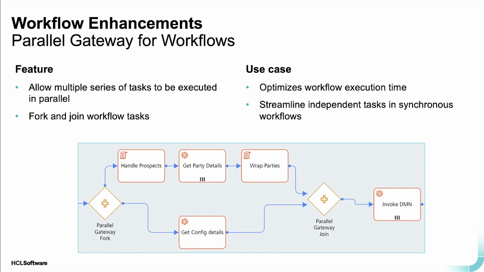Now what this parallel gateway helps is it optimizes workflow execution time, especially if you're having multiple tasks that could be done in parallel that do not have a dependency, right? And you can streamline the independent tasks still in the synchronous portions of it where it is happening one at a time, right? So that way you can streamline sections of your workflow that can happen in parallel and that has to happen in serial, and you have much more flexibility in creating a lot more complicated workflows, right?